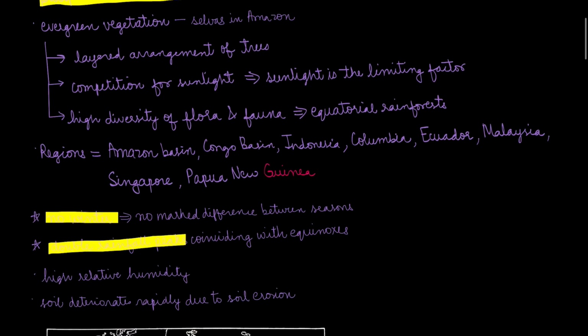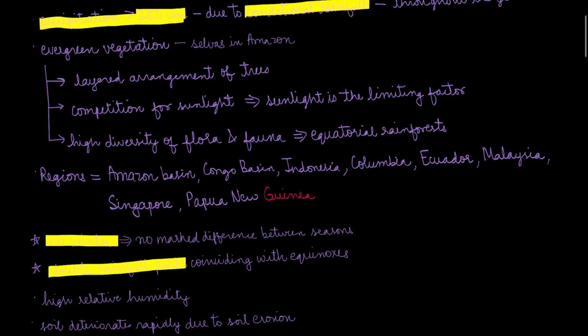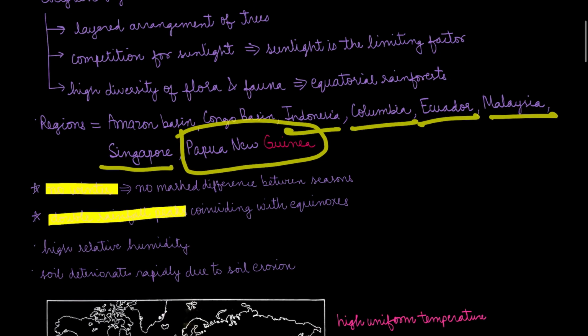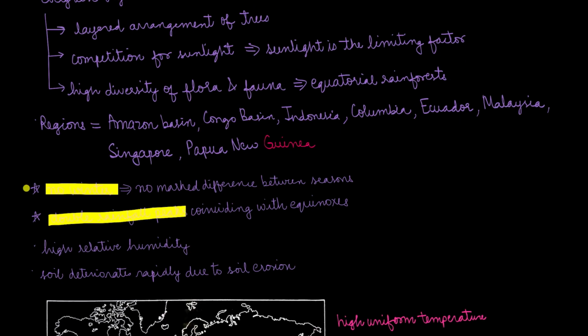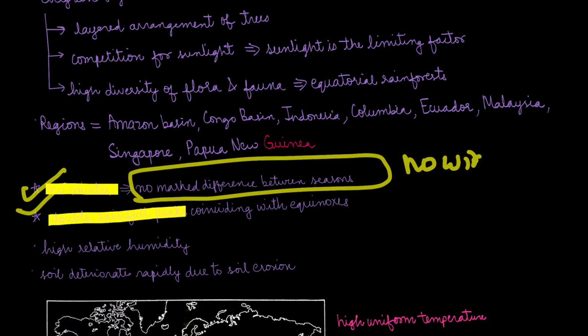The equatorial climate is found in the Amazon basin of South America, the Congo basin of Africa, Indonesia, Colombia, Ecuador, Malaysia, Singapore, and Papua New Guinea. One more distinct feature is that there is no winter. There is no marked difference between the seasons. Every season is similar.